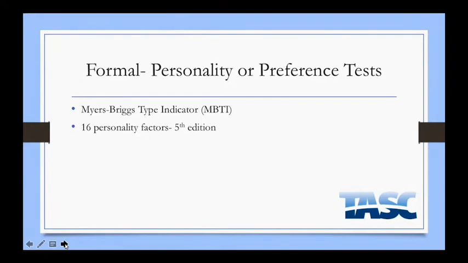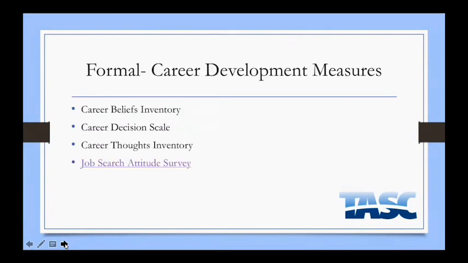In other words, we don't want to give a personality test as a formal transition assessment and use that data as the sole factor. We wouldn't do that anyway, but a student's personality doesn't lead us into just one career path.